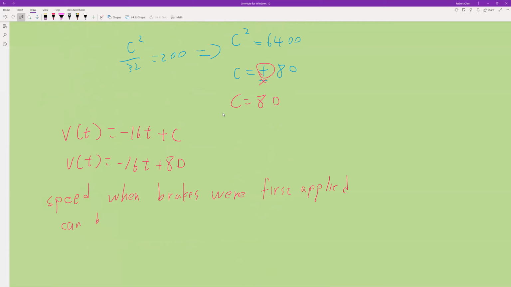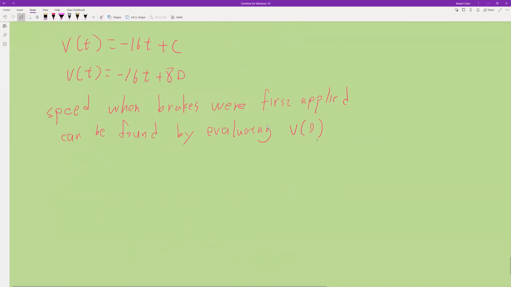can be found by evaluating v of 0, the velocity at time 0, and time 0 is where the brakes are first being applied. So we can find that by plugging t equal to 0 into the velocity function.